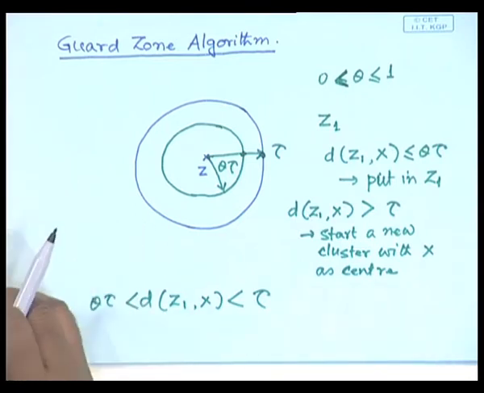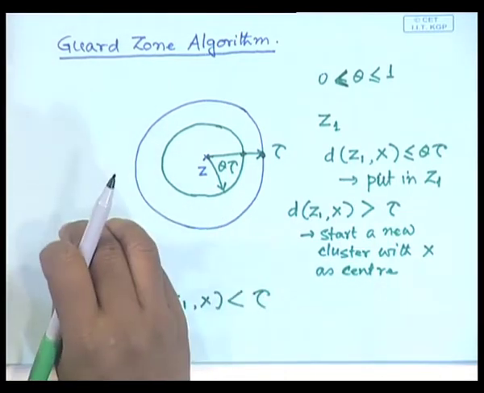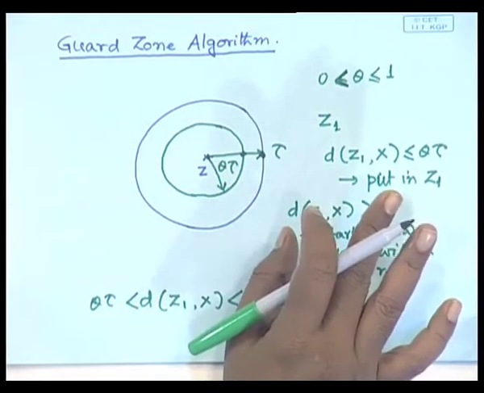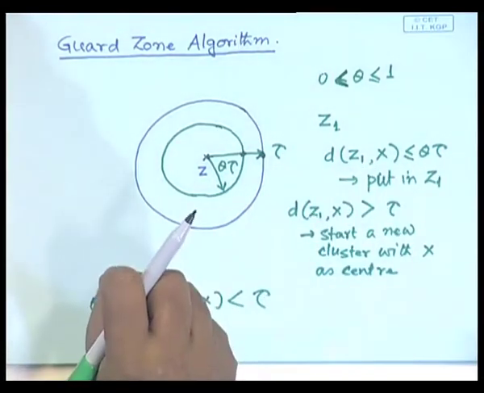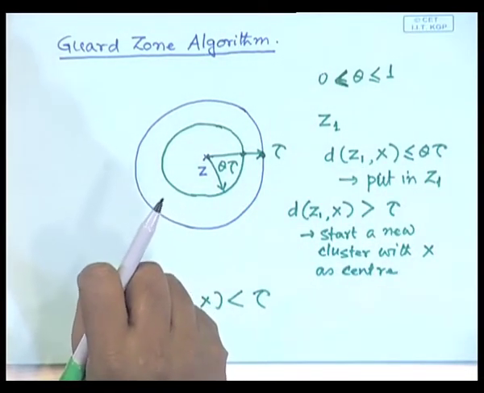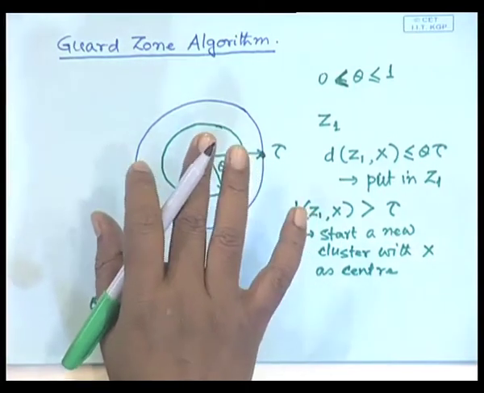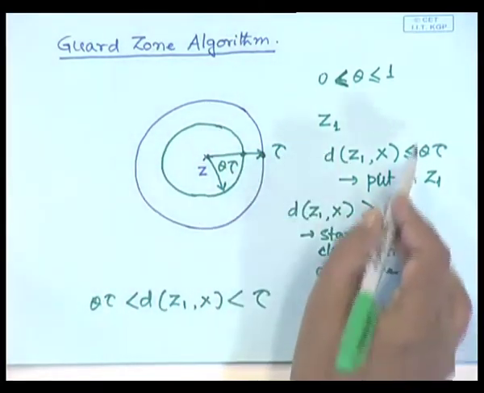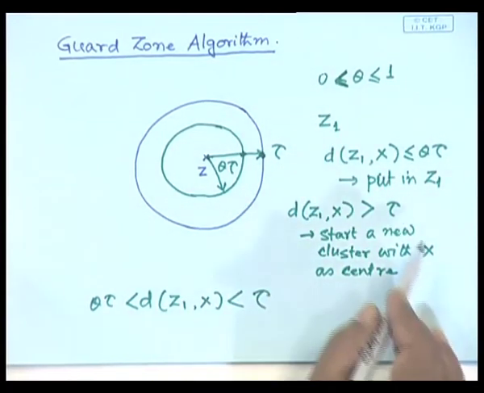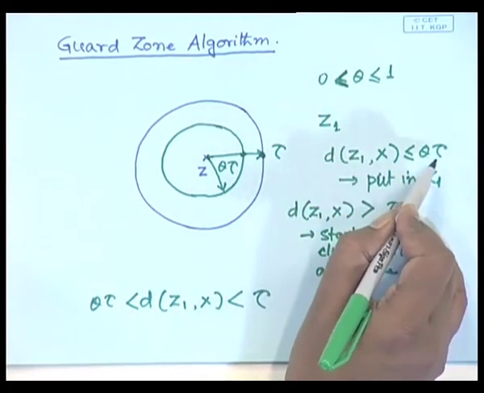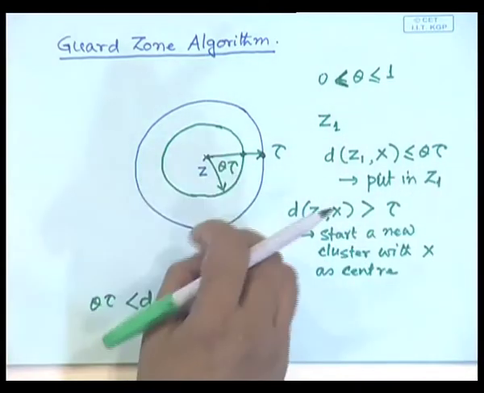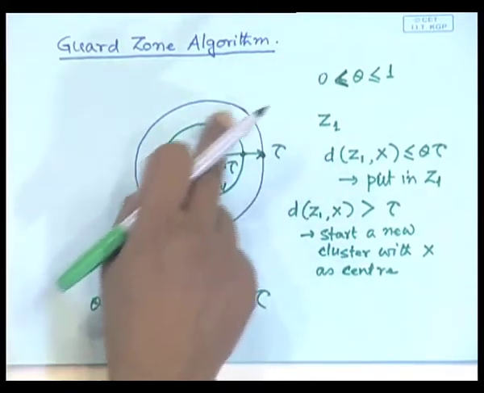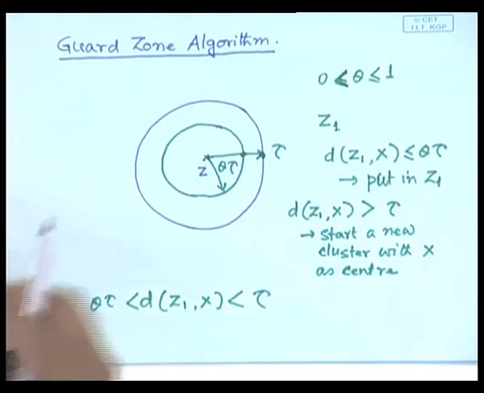If the number of points within the guard zone of a cluster is quite small, then you put them into the same cluster. But if the number of points is quite significant, then I can do this entire operation once more with a modified value of tau, to try to recluster all those points which are there in the guard zones. So, this depends upon how many points I have within the guard zone.